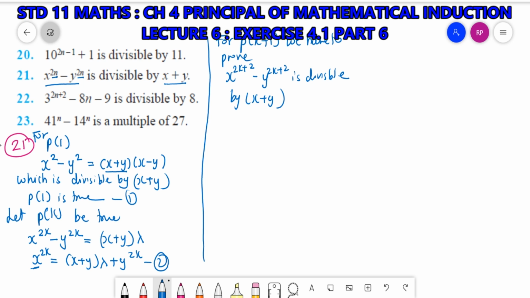Okay, so now let's take this x raised to 2k plus 2 minus y raised to 2k plus 2.